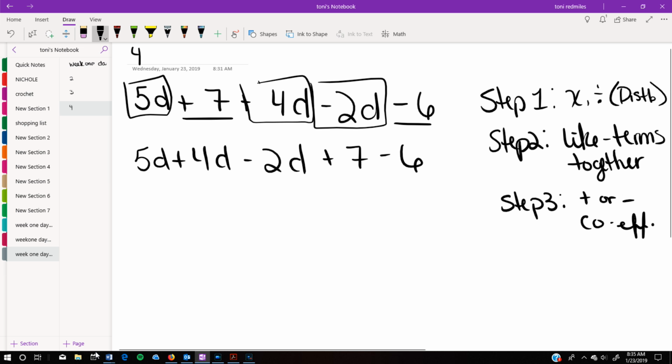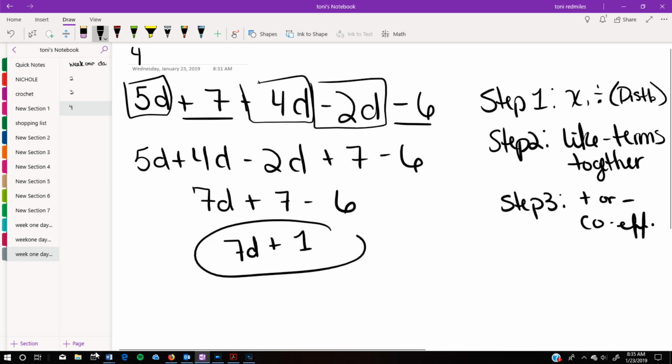So 5 plus 4 minus 2 is going to be 7D. Now I can do these two. 7 minus 6 is 1. There you go. Not much to it.